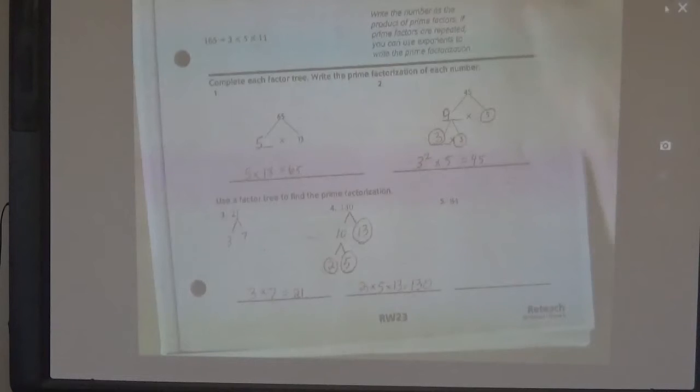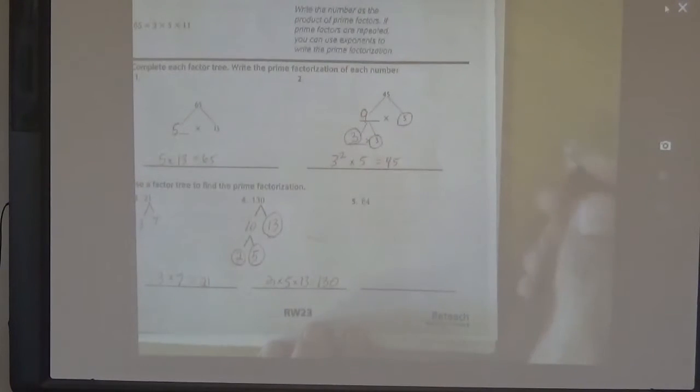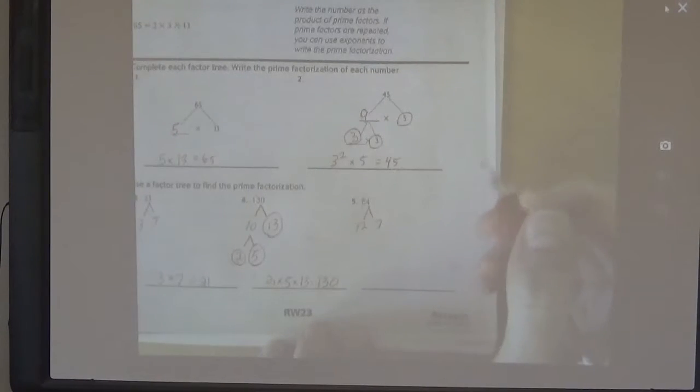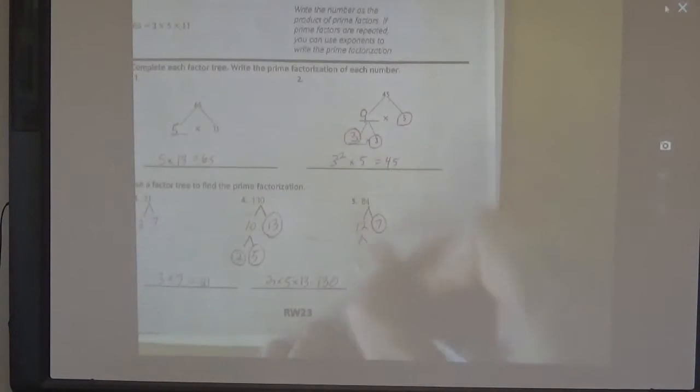How about 84, the last one on this side? Megan? 12 times 7. Okay. Then what? 12 is not prime. 7 is prime. But 12 can be broken down to, Trevor? 4 times 3?